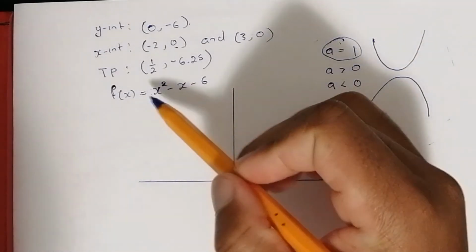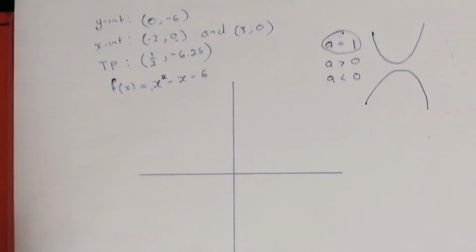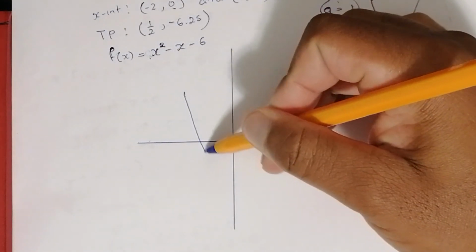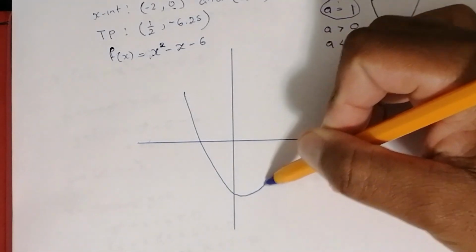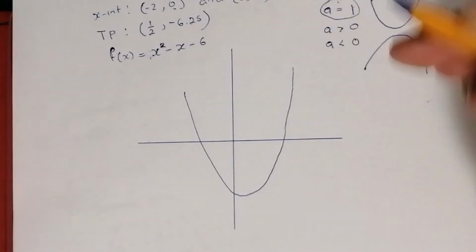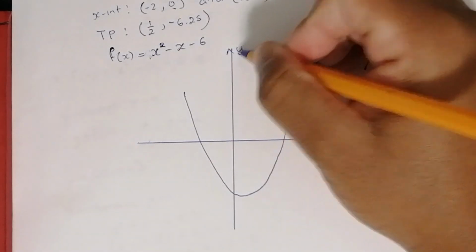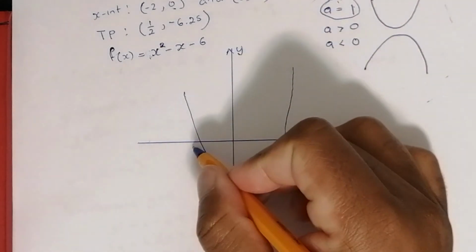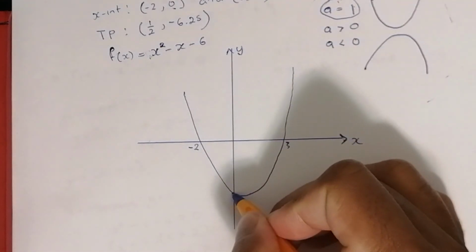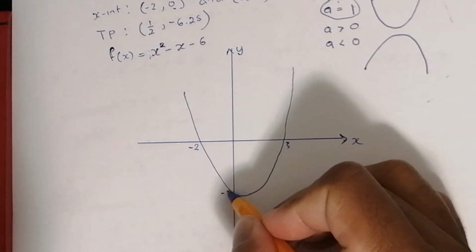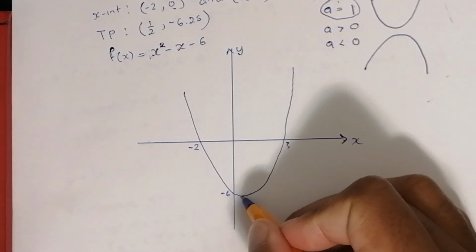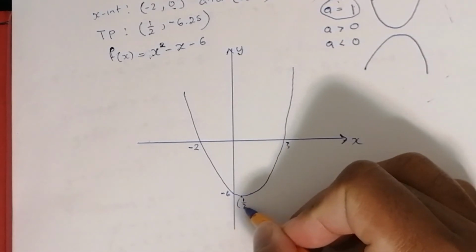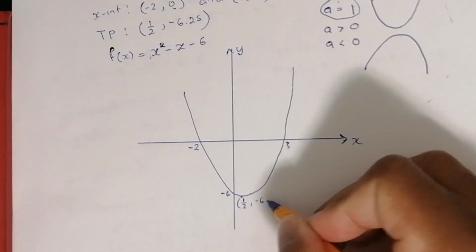This a equals 1, so the shape of the graph is going to look something like this, where this is y, this is x, and then we'll say this is 3, this is minus 2, the y-intercept is minus 6, and then the turning point is just here, 1 over 2 and minus 6.25.